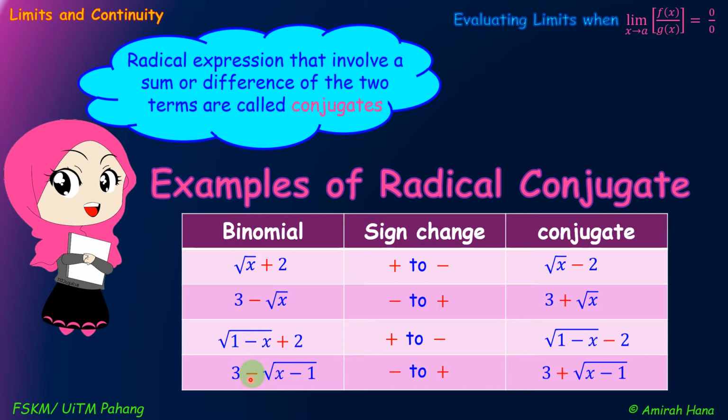We just change the minus sign outside the radical symbol, but we don't change the minus sign inside the radical symbol because this is considered one term. Binomial means two terms. We just change the sign between the two terms. Got it? What is a conjugate?